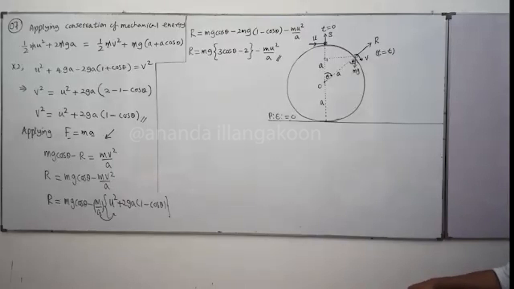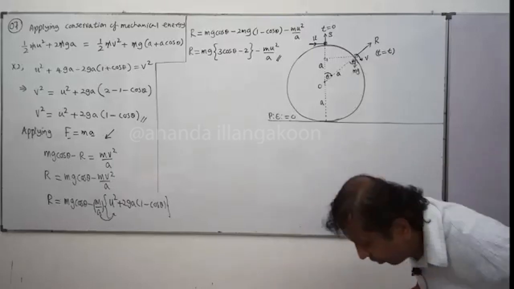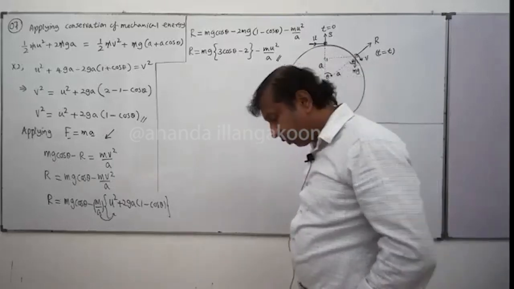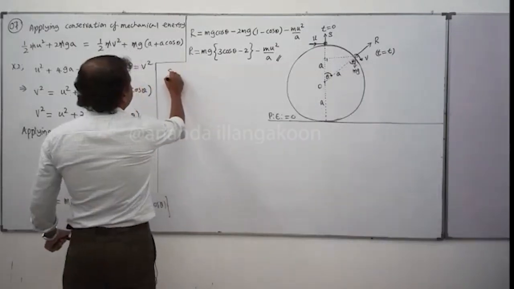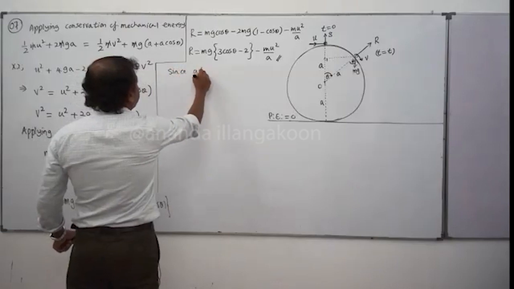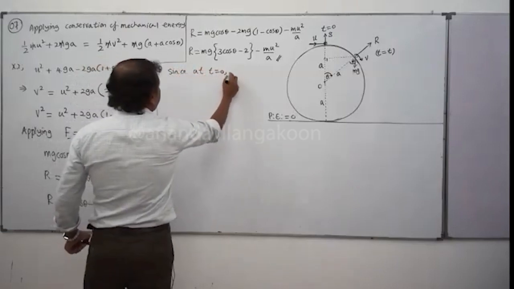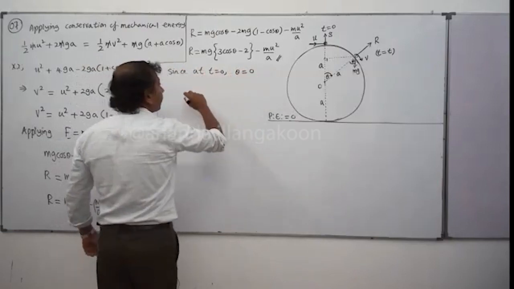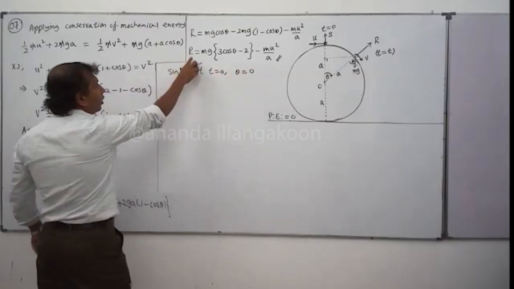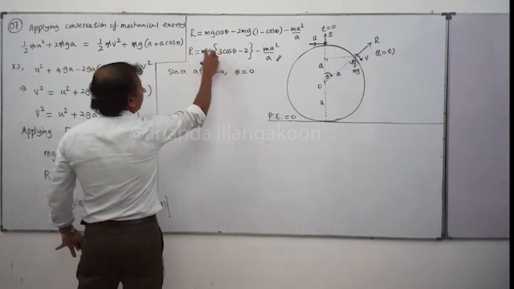Write this down. Since at t equals 0 theta equals 0, we can put theta 0 here and find R.